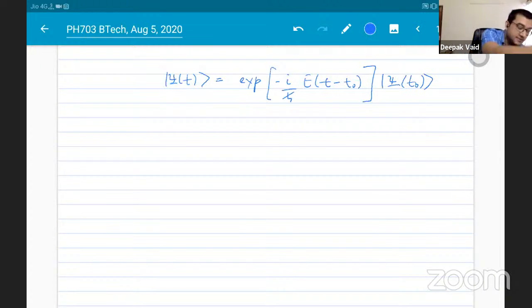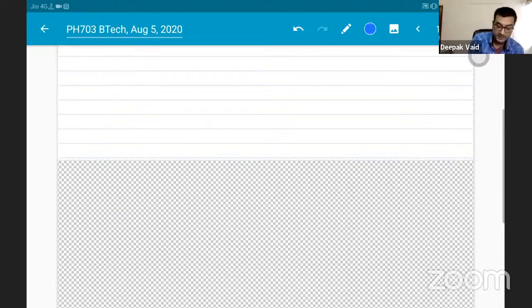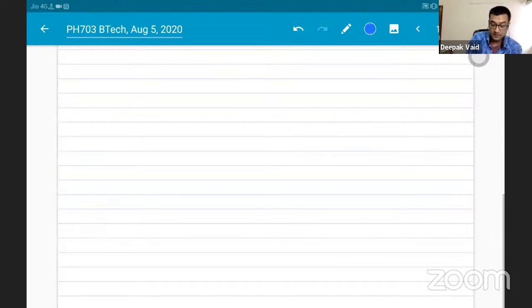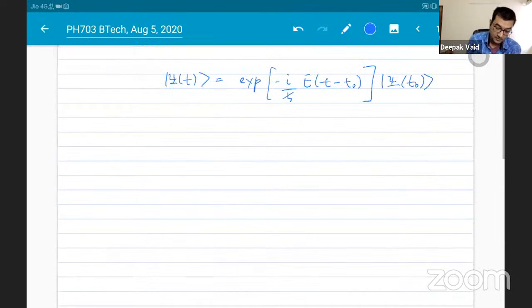Now what is this exponential? This is just a phase factor now, right? It's just a complex number.